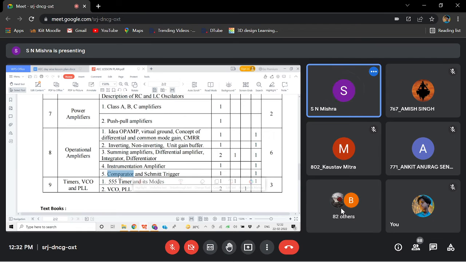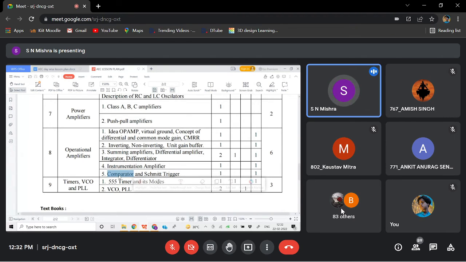So I can put one comparator there, with the threshold set at 32 or 33 degrees. If the room temperature goes beyond that value, it will give you one logic signal, maybe 1, which is directed to an LED so that the light will glow. I can indicate that the temperature is increasing beyond the threshold, and if it is less than that, it will give you 0, so the signal will be off.